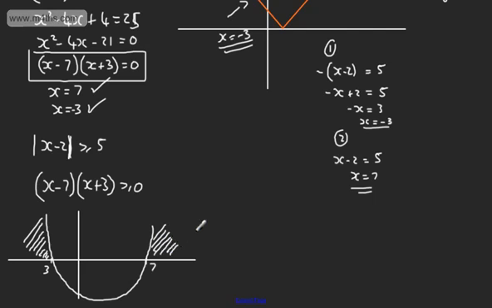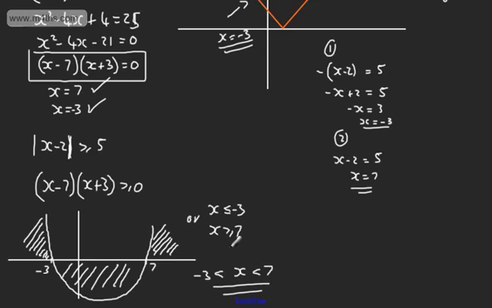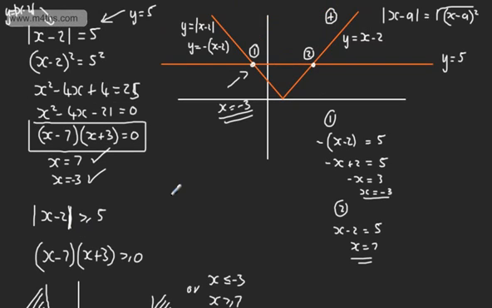So we could say that x would be less or equal than negative 3, and then x is going to be greater or equal than 7. If we wanted to know where this was going to be strictly less than 0, we could consider these points right here. So we could say in that case that x would be strictly greater than minus 3, yet in turn strictly less than 7. So that's how we could solve an inequality.